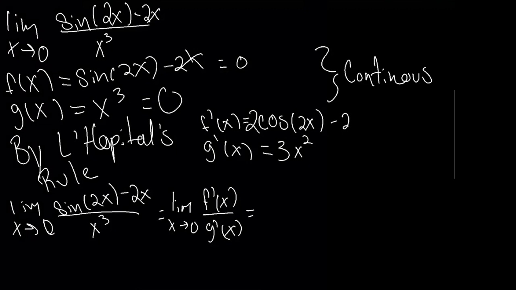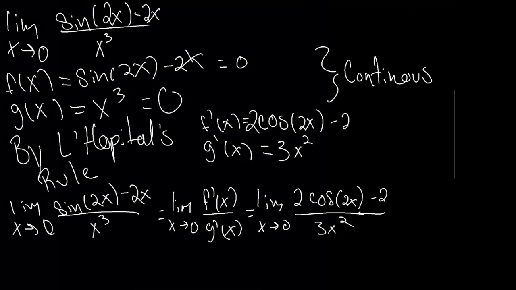And therefore, we can write this as the limit as x approaches 0 of 2 cosine of 2x minus 2, all over 3 times x squared. Right.